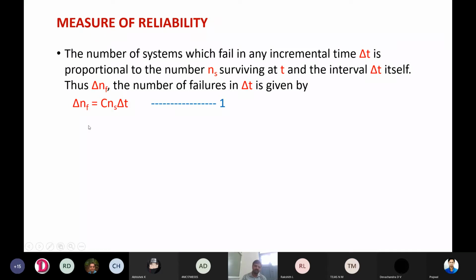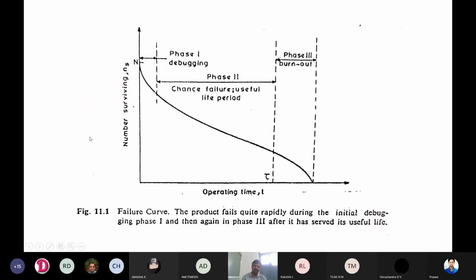So the number of failures in a time period delta t is directly proportional to the number of survivors and the failure rate. If a company has manufactured 100 units of a product, then capital N will be 100. Then consider a time interval from year to year, this is the delta t from this point to this point.